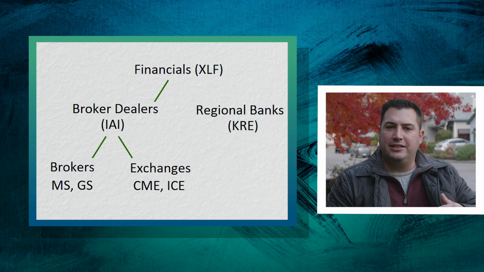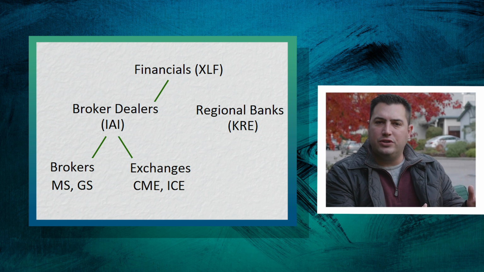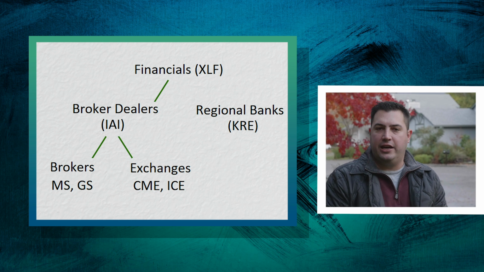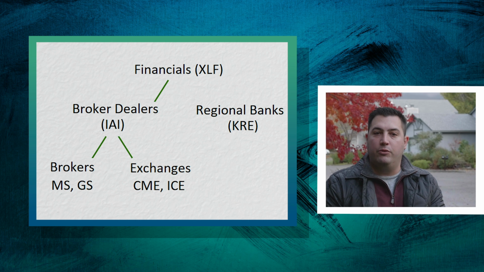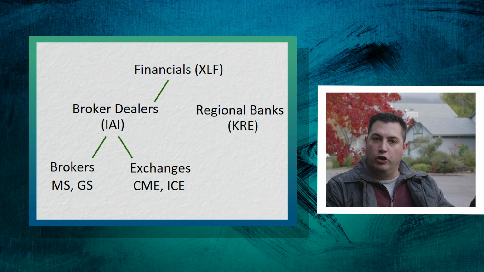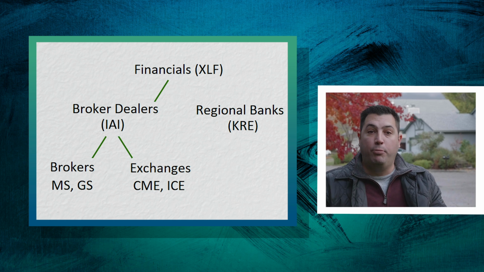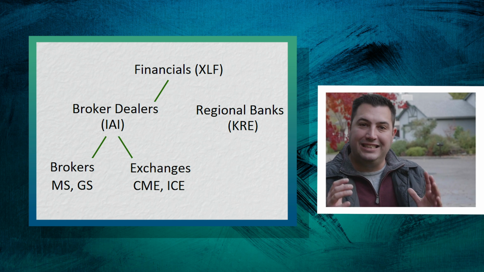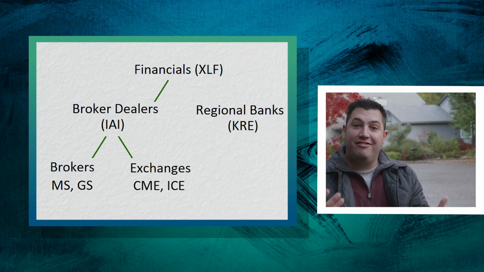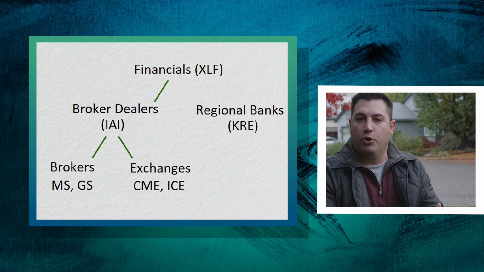Is it the big guys like Morgan Stanley and Goldman Sachs? Or is it more the exchanges like CME Group and the NASDAQ and those types of stocks that represent the exchanges themselves versus the companies like Goldman and Morgan? Or maybe it's both in a combination, and just owning a basket of them like an ETF, for example, is the best way to take advantage of a particular situation in the broker dealers.